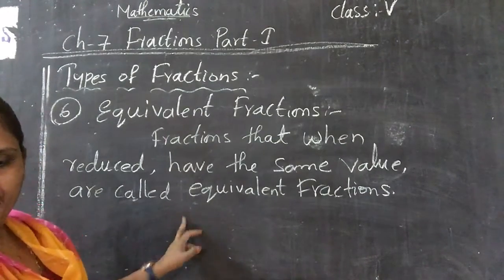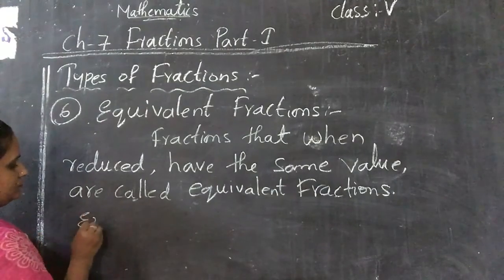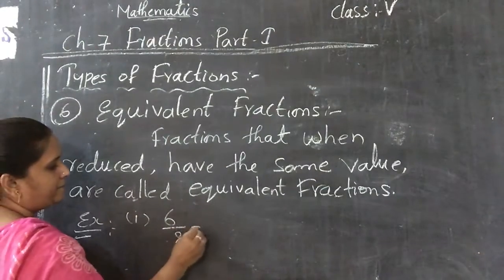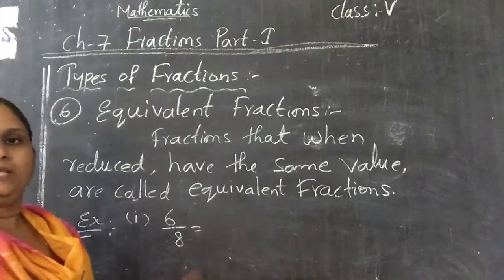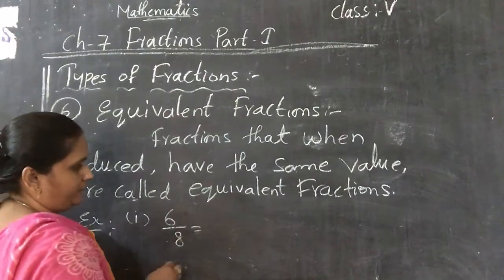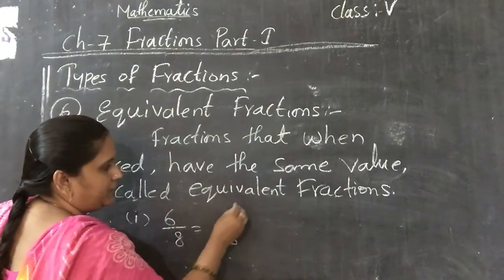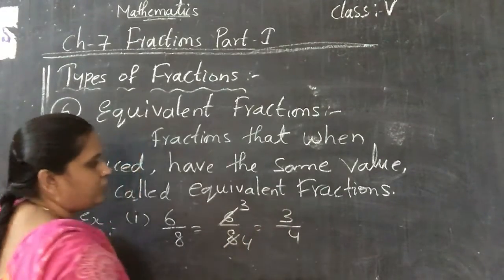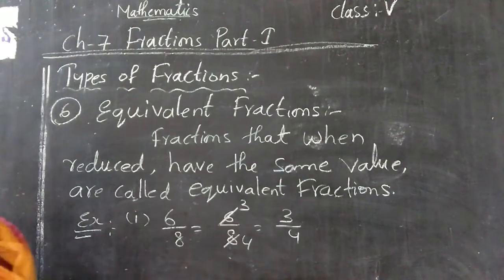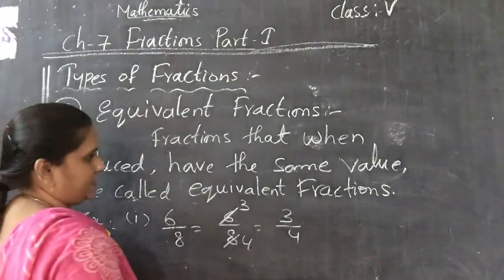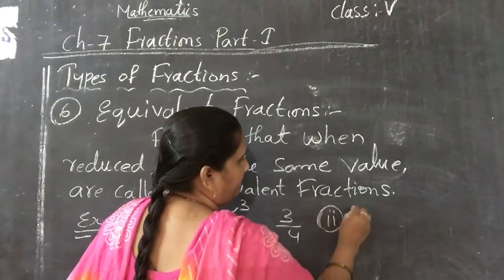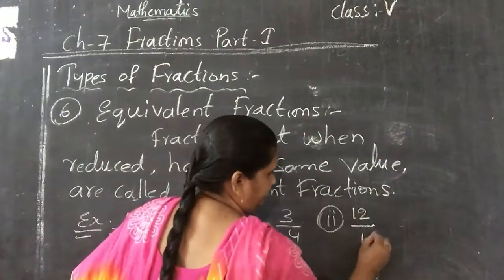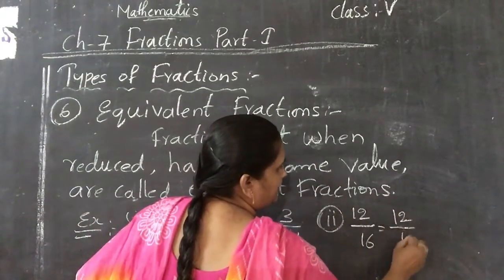Here, for example, you can write the example. First one is 6/8. This you can simplify with the 2 table. 2 threes are 6, 2 fours are 8. What is the answer we got, children? 3/4. Next, 12/16.